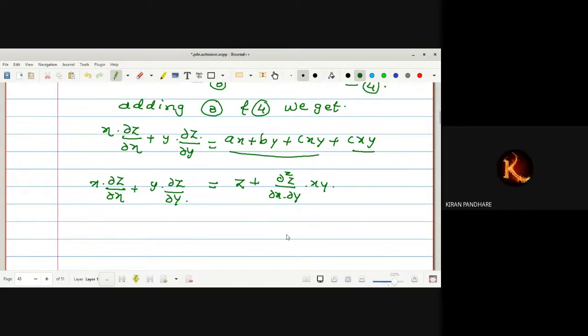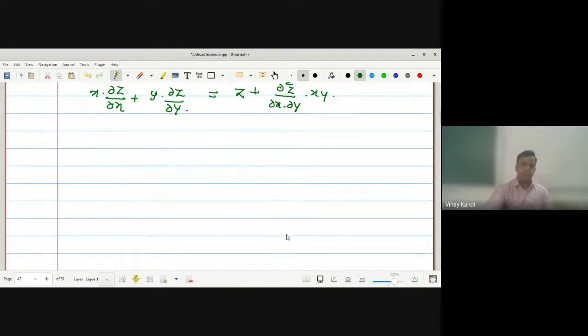No, sir. Okay. Now the second method, the derivation of partial differential equation by eliminating the arbitrary function. Yesterday we saw the first part, by eliminating the arbitrary constant.